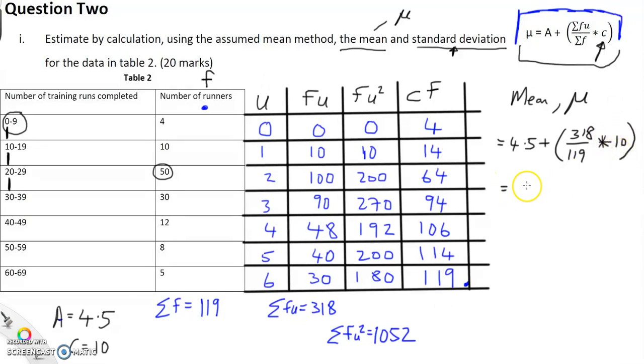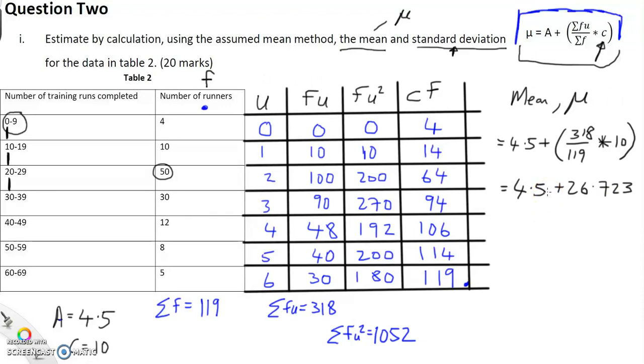We can put that all into the calculator, or we can do the inside of the brackets first. 318 over 119 multiplied by 10 gives me 26.723, to 3 decimal places.